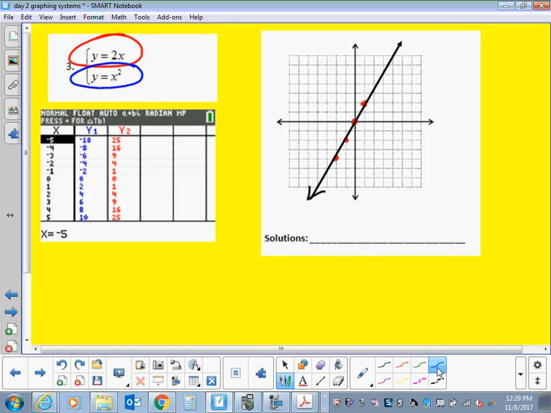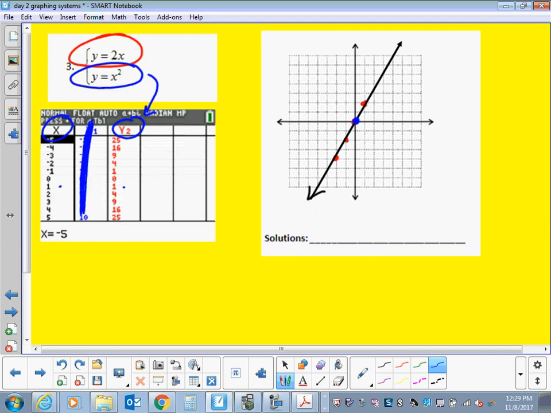For the next one, I'm looking at this x and y2 for my second equation. So we still have 0, 0. And then we have 1, 1. So now just kind of block this out. Erase it.